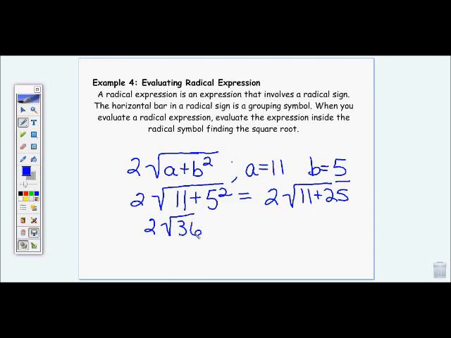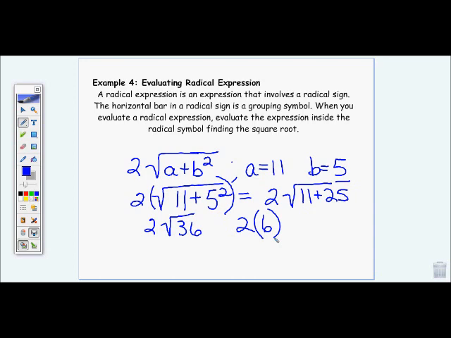And 2 times the square root, and this radical symbol here is acting like parentheses when we used to do parentheses. So it's going to be 2 times this number because I can simplify the square root of 36. The square root of 36 is going to be 6. Can I replace that with parentheses?